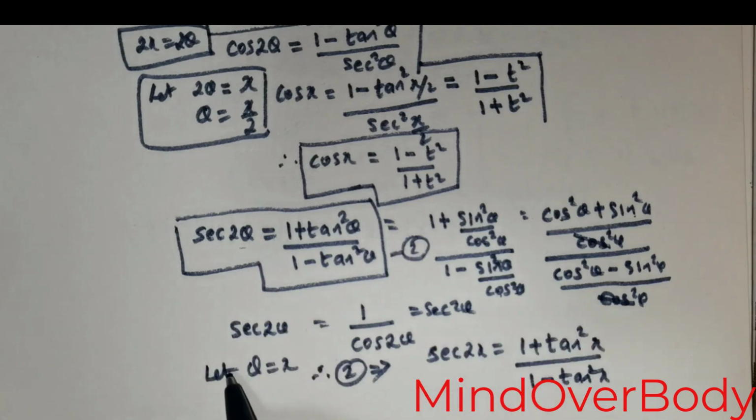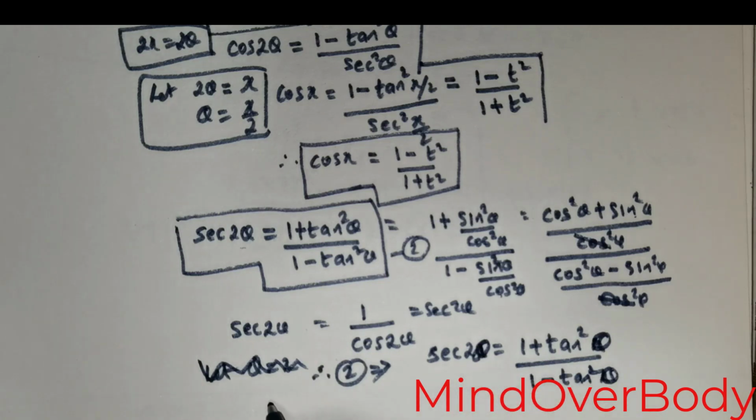Just to avoid confusion, I will have this x as θ here. Probably we can directly come from here, since sec 2θ is written in this fashion using this formula, so we don't need this substitution.